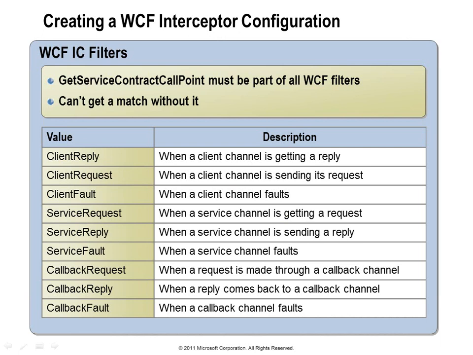The get service contract call point is important, and it has to be a part of all of your filters when you're using the WCF interceptor. And the reason is that this really calls out where in that WCF extensibility pipeline you want to plug in to capture messages. The client side, and do we want to do the client request or reply, the client fault?